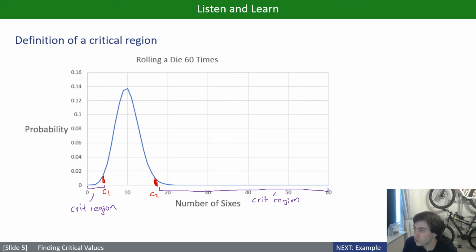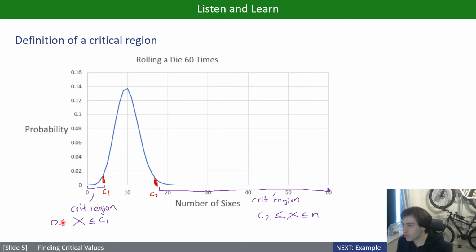So the way you'd usually write it would be something like this: x greater than or equal to C2, and this one here, it's x less than or equal to C1, right? In fact, what's the smallest value? On the left side, the smallest you're going to get is 0, and on the right side, let me just rewrite this slightly, the largest value you'll get here is 60, right? That's your n. So those are the critical regions.